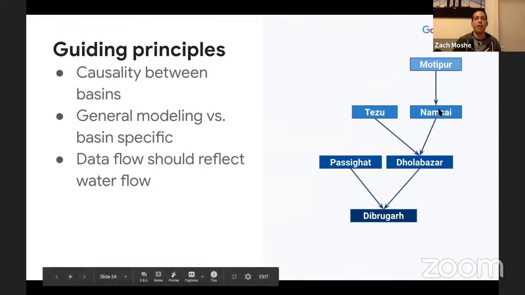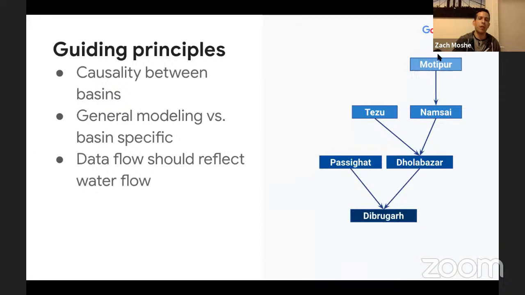If NumSci has to rely on data from Motipur, then Dolabazar, and I'm sorry if I'm not pronouncing it right, it could maybe only rely on data from NumSci, because NumSci should process the data from Motipur and then only output something that is already composed. So that's something that we wanted to have in mind.